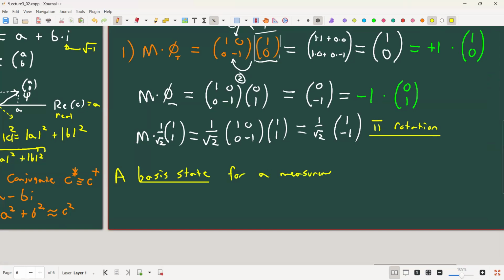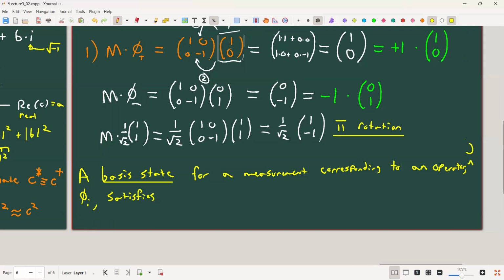So a basis state for a measurement corresponding to an operator, which we'll call phi I, satisfies, let's call that operator O hat, that O hat applied to phi I. So when we measure phi I with O, our little vector or matrix, we get some number back.